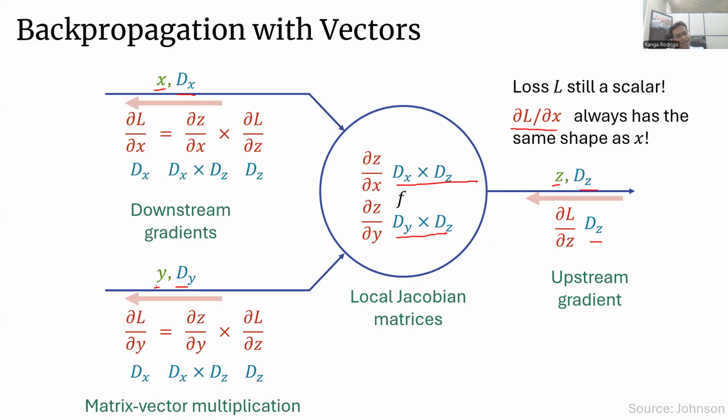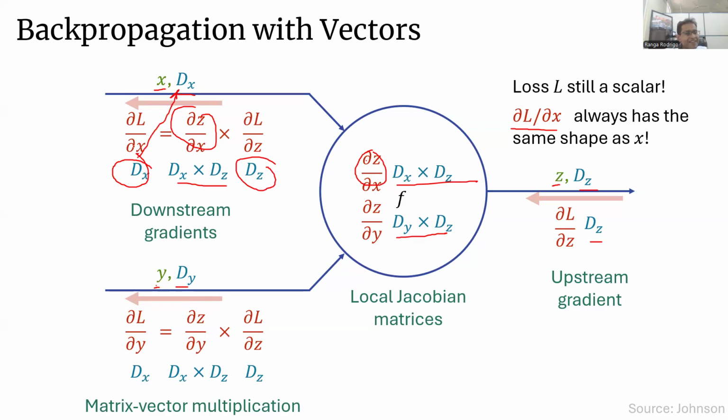What will be the downstream gradient? So this dx by dz one will be multiplied by this one. So you can see the sizes match and you get this size. This is correct, right? Sizes match. And of course, the derivative must be of the size of the input variable, so the size of x.